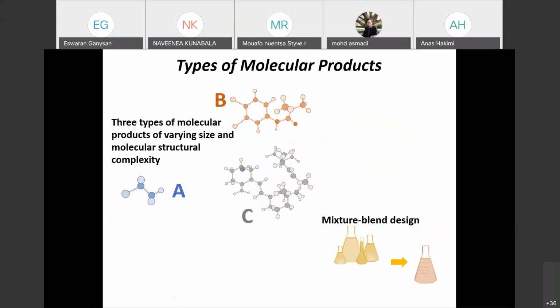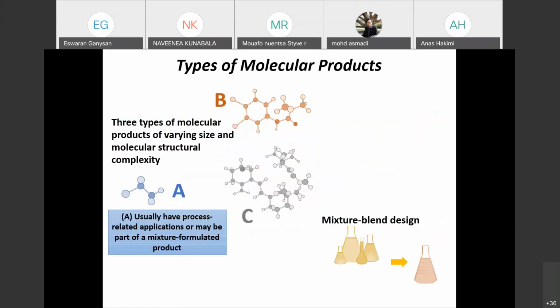Look at here for A. It usually has a process related application or is part of a mixture formulated product. For example, you mix with a solvent which is easy to evaporate, like what you use for lotion.